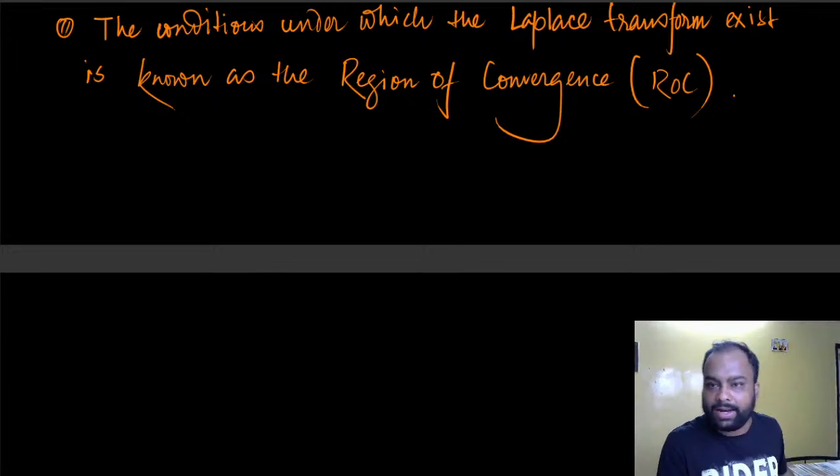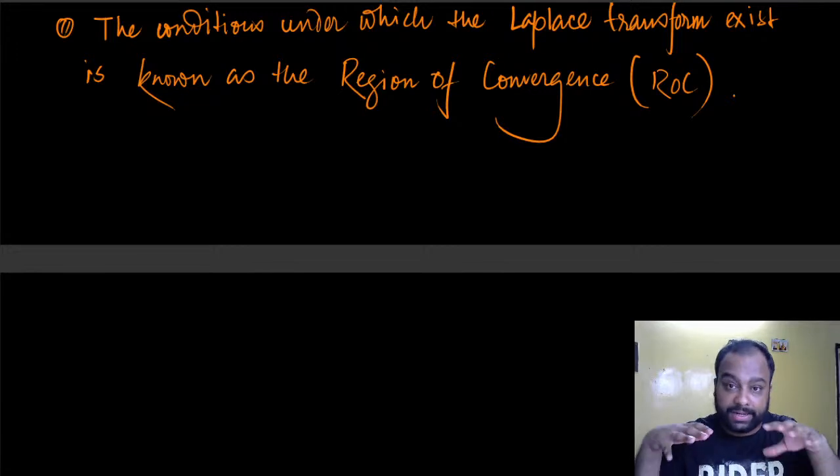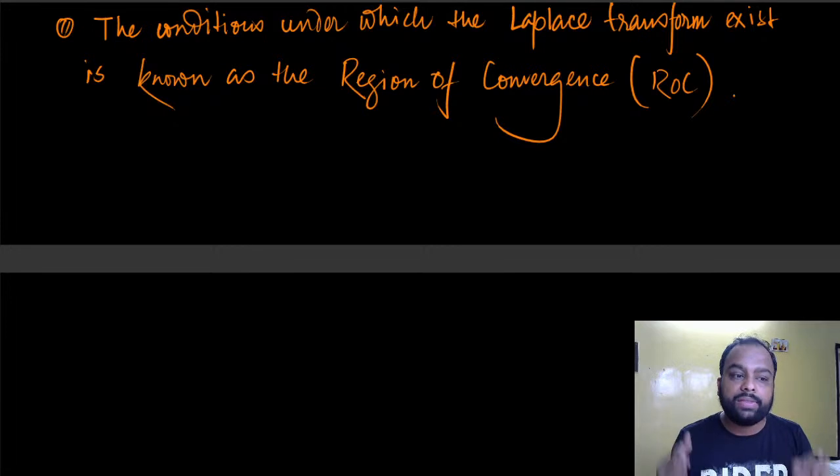So do you see the pattern? Whenever people are talking about Laplace transform in the context of control system engineering, they do not talk about region of convergence. And whenever people talk about Laplace transform in the context of signals and systems, they do indeed talk about region of convergence.